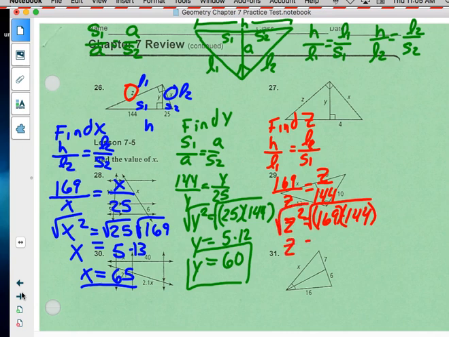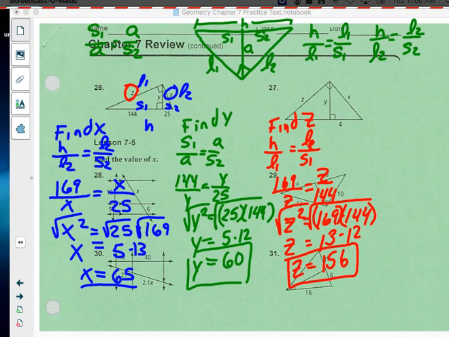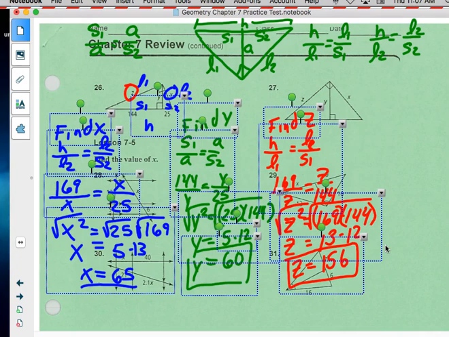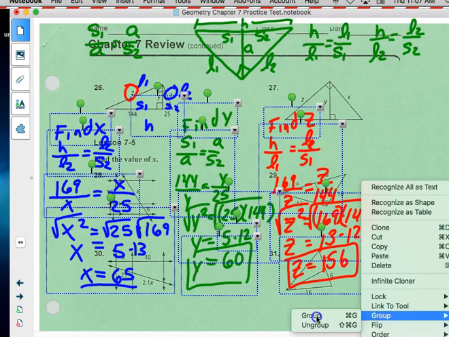So Z is equal to 13 times 12, and 13 times 12 will become, if I pop this in a calculator, 186. So we're just going to make sure that that's the case. 13 times 12. It's 156, excuse me, not 186. So this is 156. And that is my Z value. Okay, so now we're going to minimize these, so we can get to our next problem.